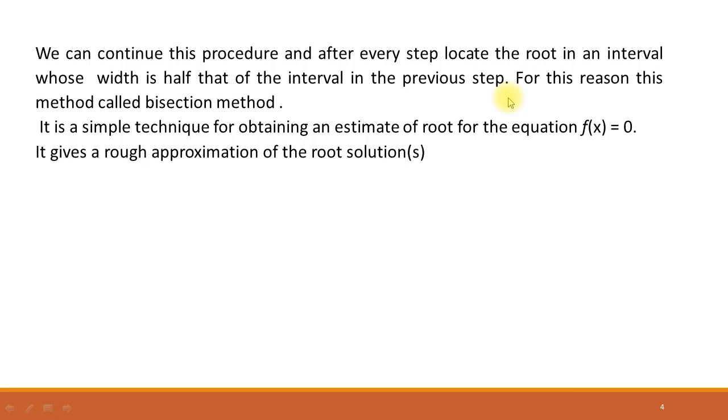For this reason, this method is called the bisection method. It is a simple technique for obtaining an estimate of the root of the equation f(x) = 0. It gives a rough approximation of the root.